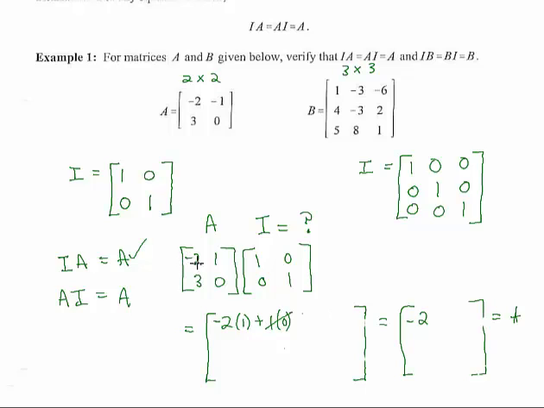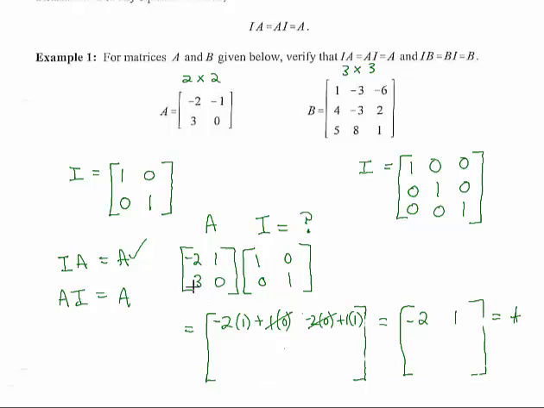We have first row times the second column. So negative 2 times 0, and then plus 1 times 1. 0 knocks out the negative 2, and 1 times 1 is 1, which matches A.